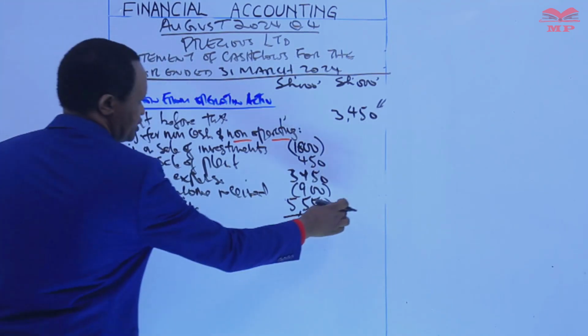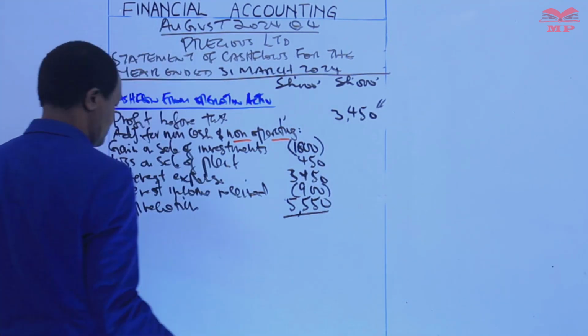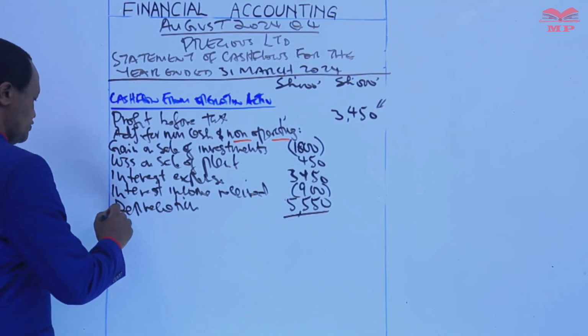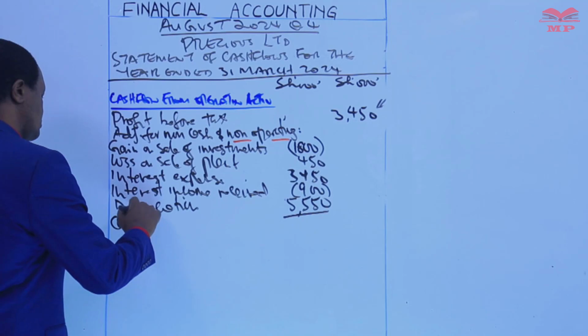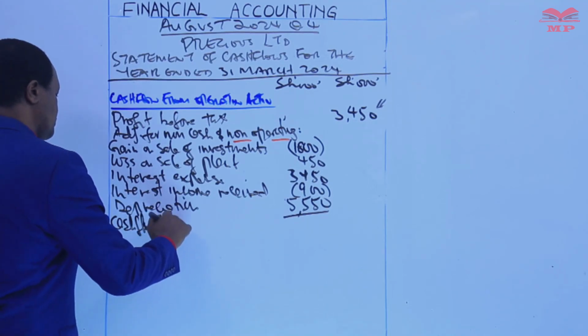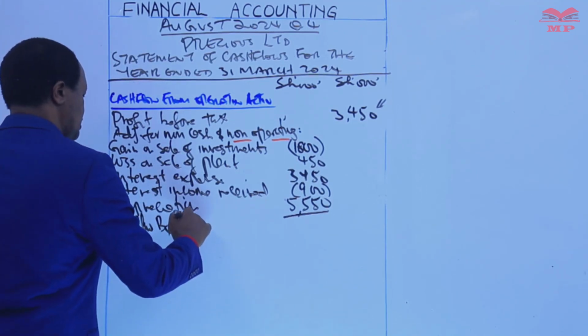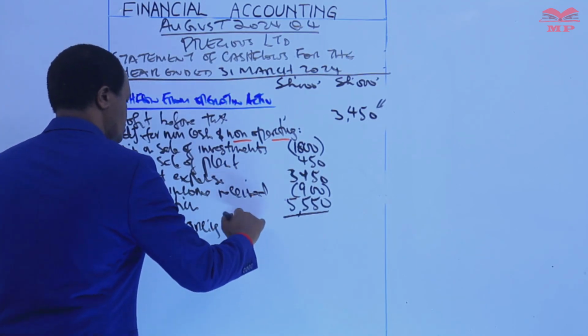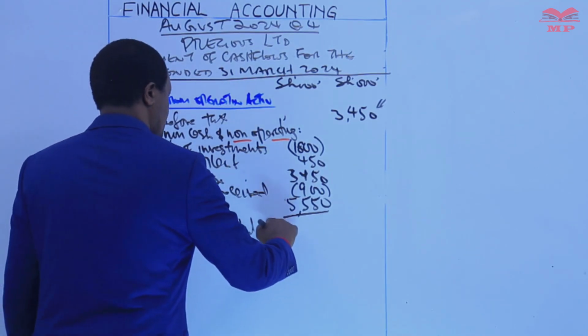Is it positive or negative? How much is it? So we'll have here cash flow before working capital adjustments.